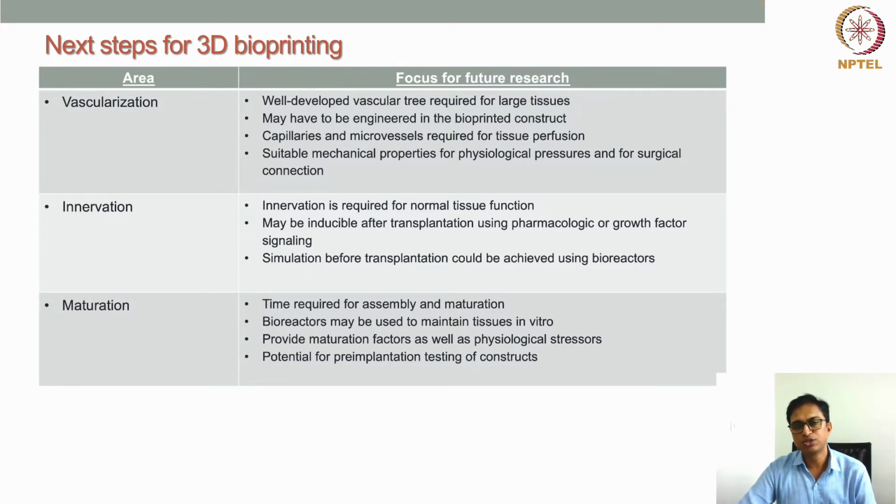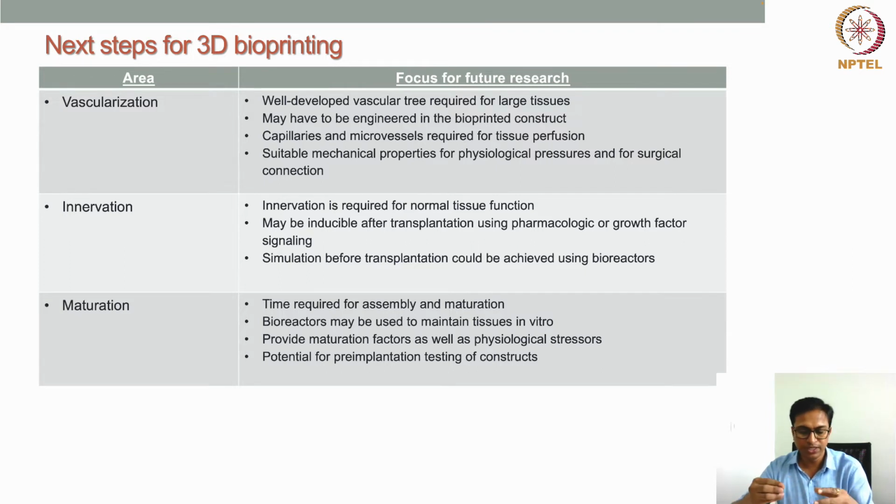Other than this, suitable mechanical properties for physiological pressures and for surgical connection are also very much required when we are trying to develop blood vessels. Blood vessels should have some properties, as we have discussed earlier. They should have an appropriate burst pressure.